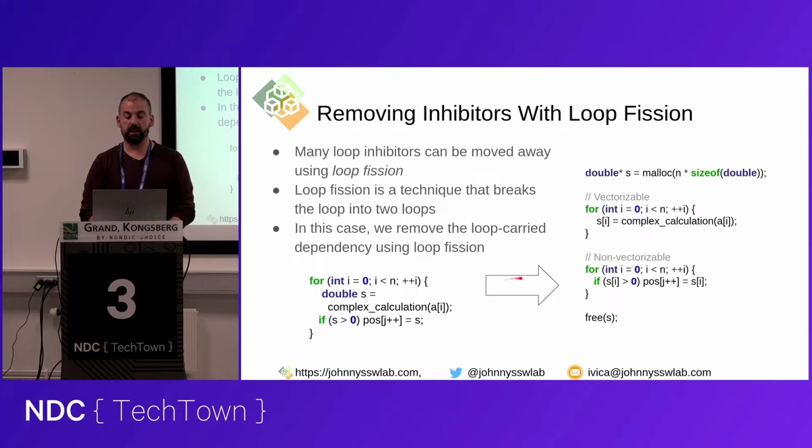So what is the idea? The idea is to split this loop into two loops, one which is vectorizable, here, and the other one that is not vectorizable, this one here. In the vectorizable loop, I store the result of the complex calculation to a temporary array S. And then in the non-vectorizable part, I reload S and do the comparison and then update whatever is needed.